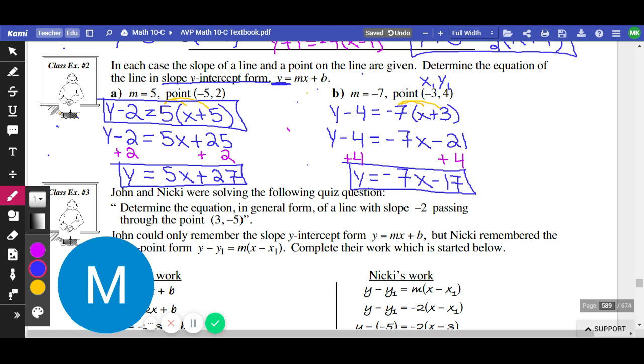Right, negative 21 plus 4. Remember, both of these equations make the same line. They're just different formats. So this unit, this is when it kind of starts to get confusing, because you get questions and think, I can't possibly do this question. You can. You just have to start with what you're given and then change it to be whatever you want.